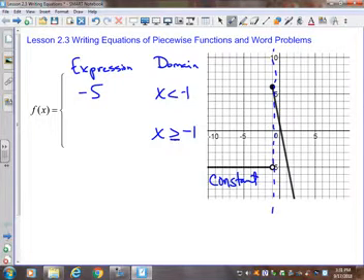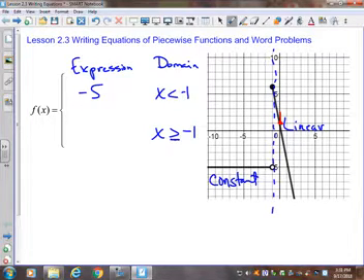Now on the other side, you have linear. And this linear, when you look at it, you need a y equals mx plus b equation. Well, the y-intercept is actually showing on this graph.